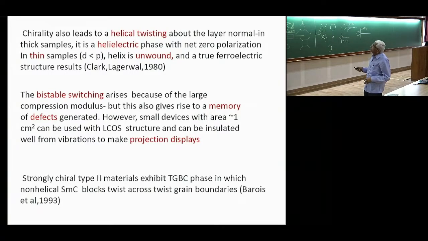But Clark and Lagerwall in 1980 showed that if you have a thin enough sample, again, the pitch there is something like say 1 micron. If you take a sample which is of the order of the pitch or less than the pitch, you take a long pitch in Smectic C star, and take a thin sample, then the helix unwinds. Again, it's a good exercise for you to find out why. And then you get a true ferroelectric.